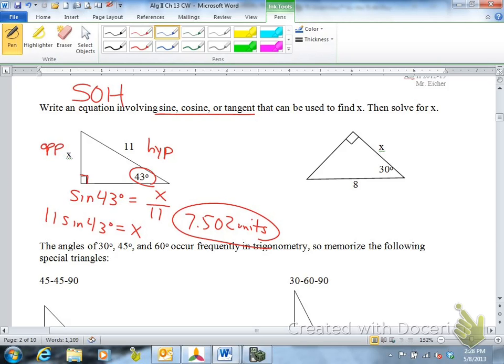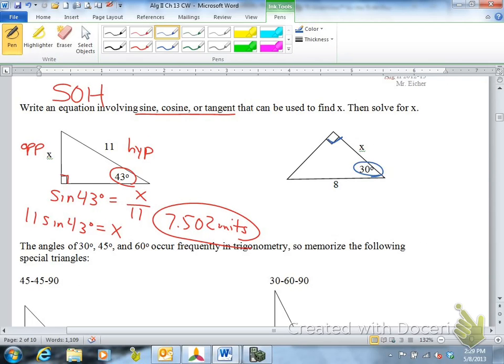On the next one, you're given this angle. Notice the 90 degree is up here now. So across from 90 is the hypotenuse, and you're looking for x. Is x the opposite, or is x the adjacent side? X is the adjacent side. So with SOH CAH TOA, you want adjacent and hypotenuse, which would be cosine.